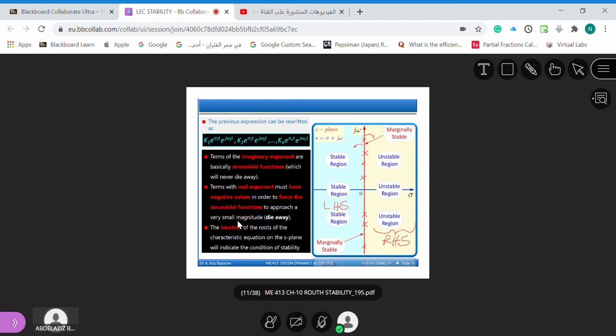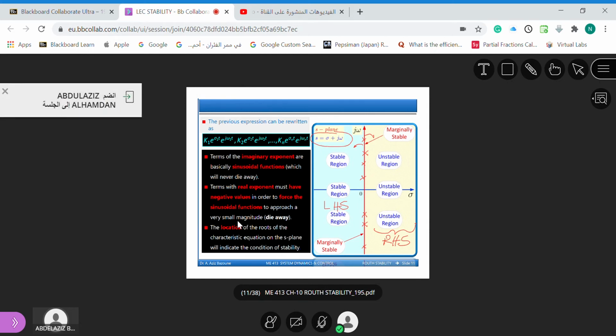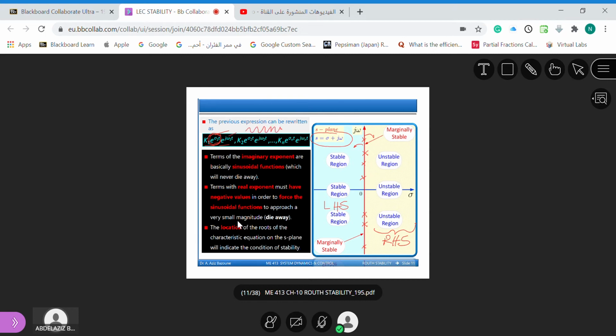When you take the inverse Laplace transform, you can write it like this: K1 e to the power sigma 1 t, e to the power j omega t. This term determines whether the system is stable or not, because the j omega t part will simply be a sinusoidal function built inside the envelope e to the power sigma 1 t.